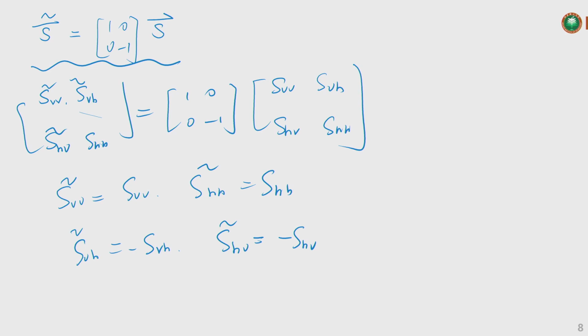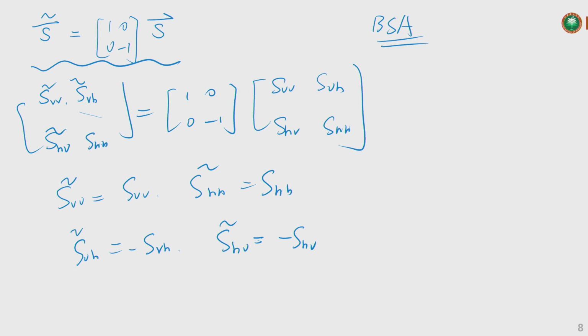So now we can see that, coming back to the backscatter alignment here. For the backscatter alignment, because our transmitter and receiver are along the same direction, or along the same line, right?